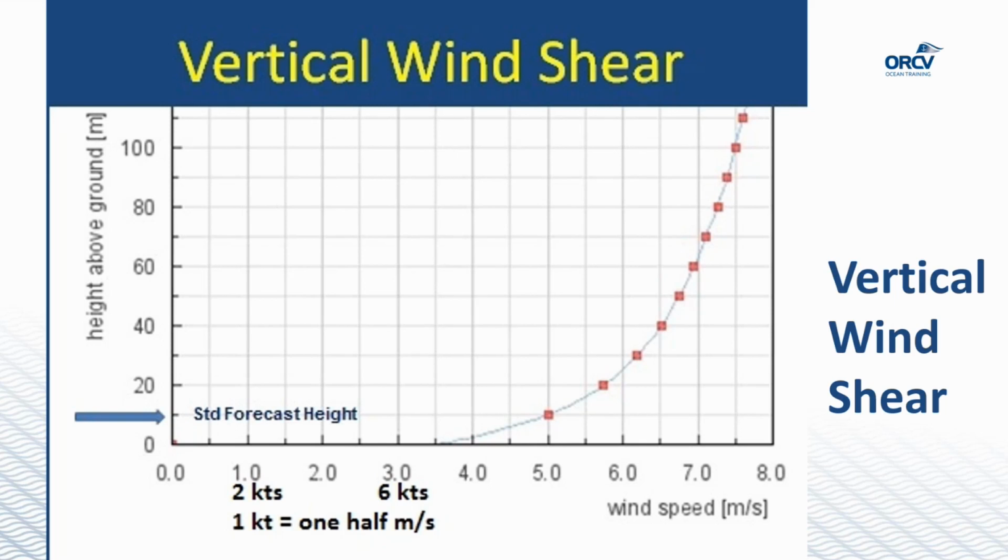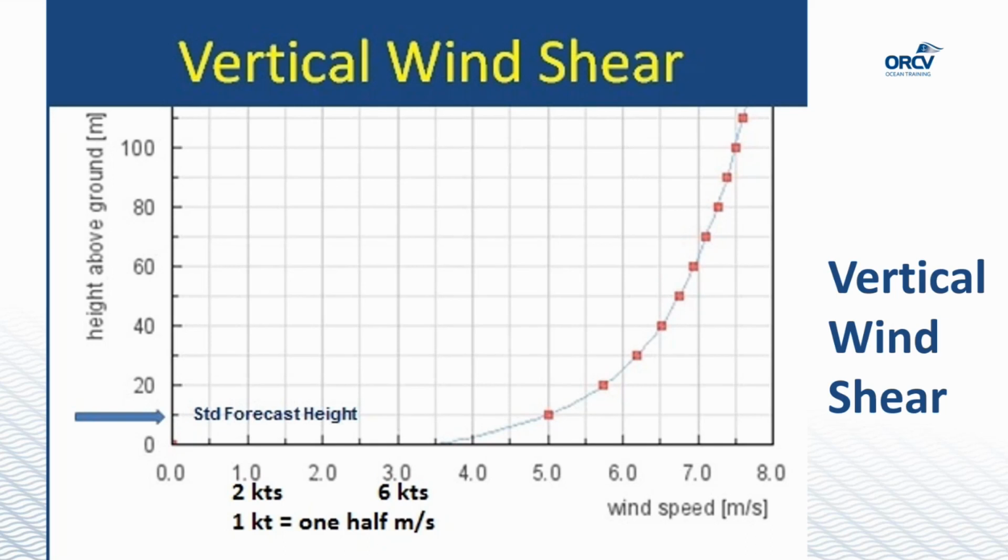It slows the wind more and more so as you get down towards the ground. And this graph is depicting wind speed and how it drops away as you get closer to the ground.